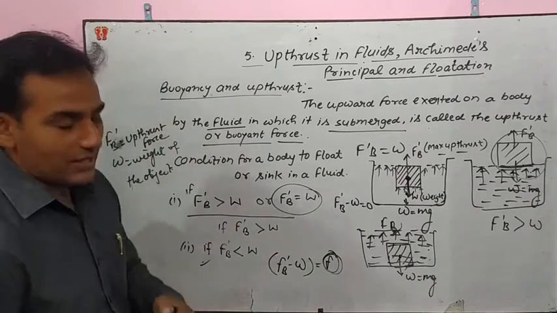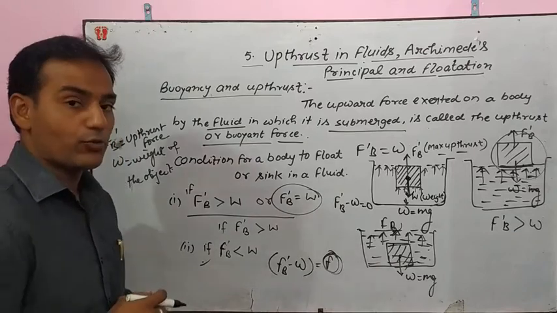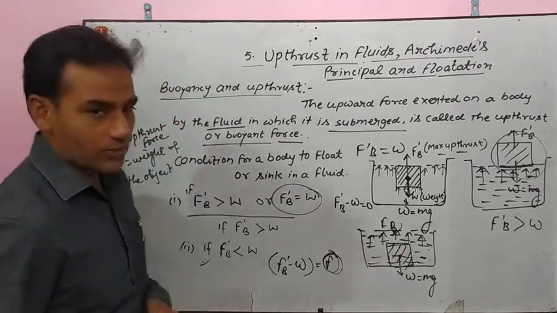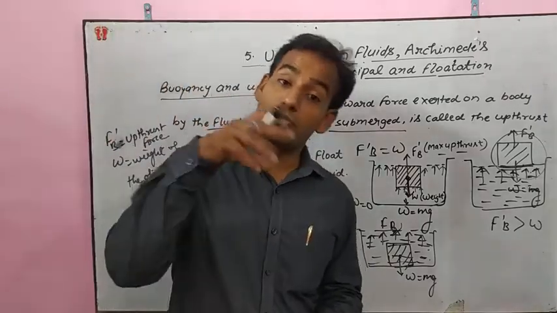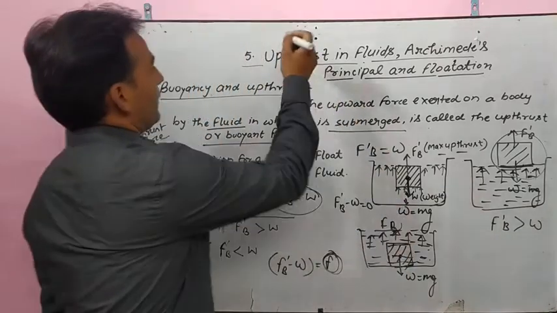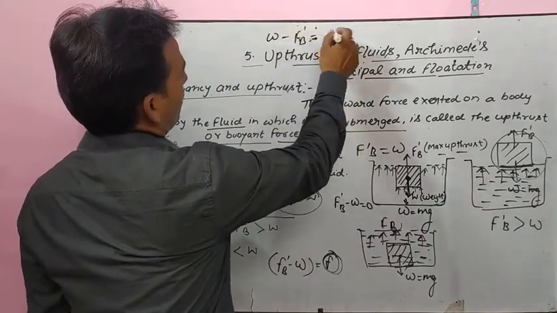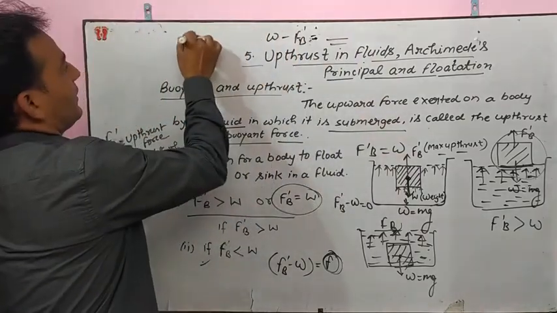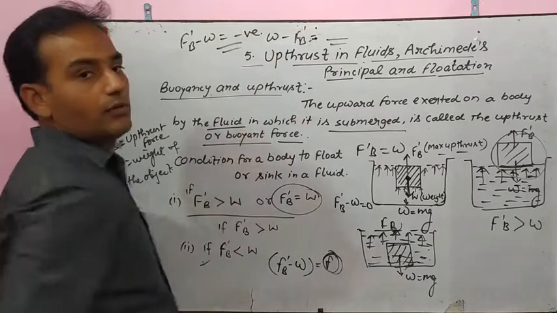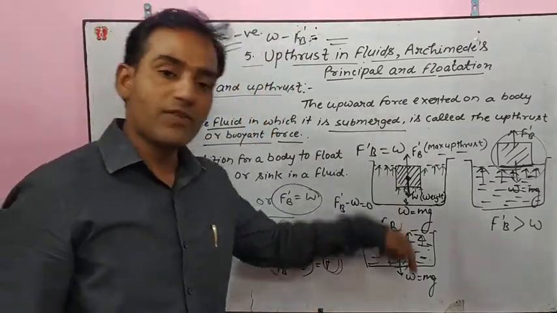And the third condition, the main one, is if F dash B, the upthrust force, is less than W. This is the main point. If the upthrust force is less than W, that means the weight is more, W is more than F dash B, or F dash B minus W comes out negative, in such cases the object will sink.